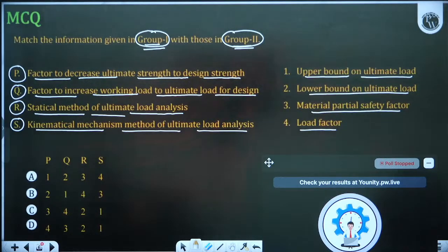I need to search for this because in our GATE book it is not given. I think this is asked before 2008. That is why it is not given, because in our book the questions were given after 2008. So I have to check which year this was. Just give me a minute.